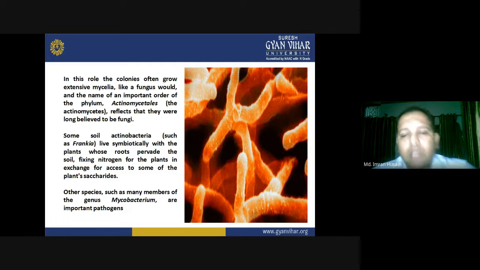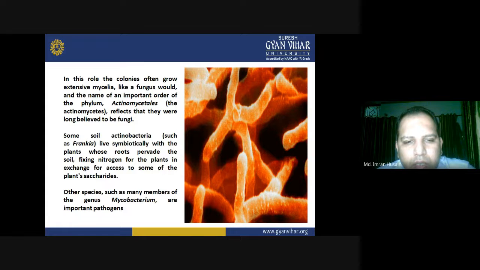In return, plants offer them shelter and provide saccharides that are readily present in the plant's body. This whole scenario turns out to be really very different, and when it was discovered, it was a new phase of study in the ecosystem and in the study of actinobacteria, right?